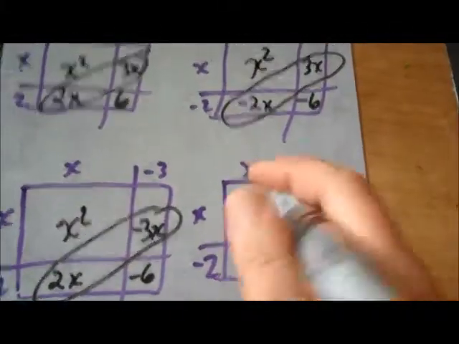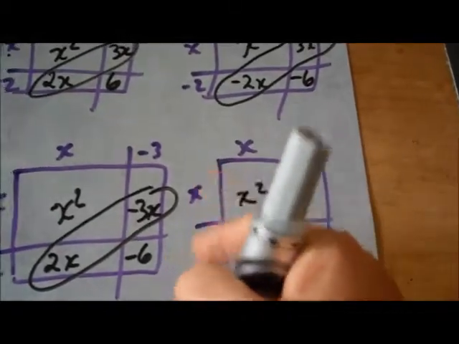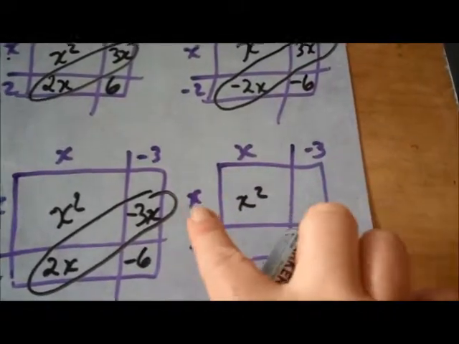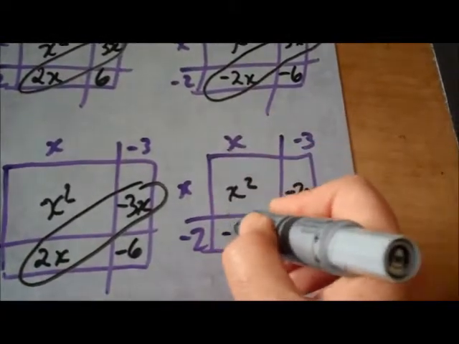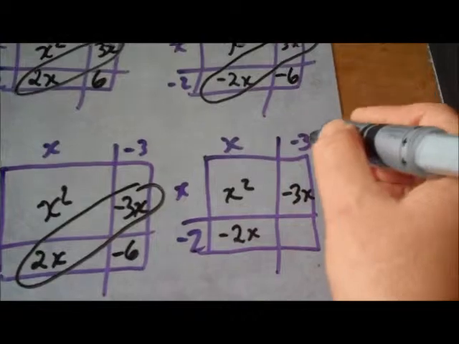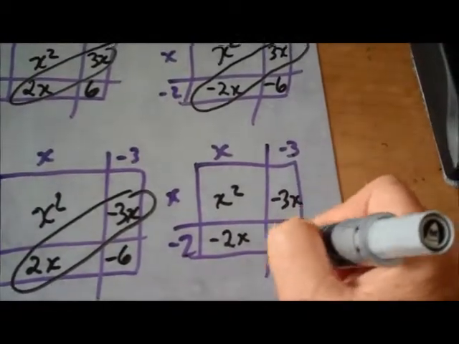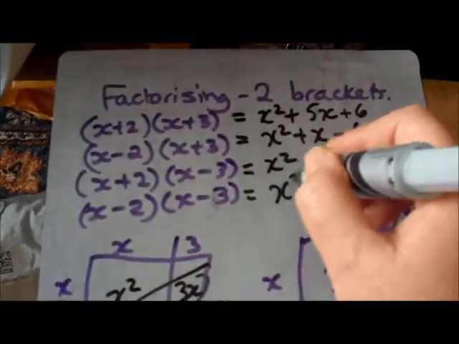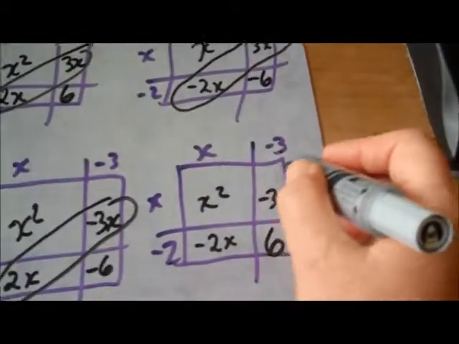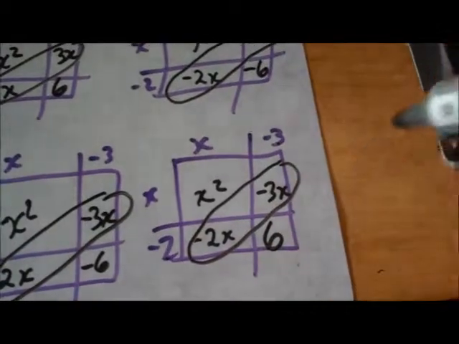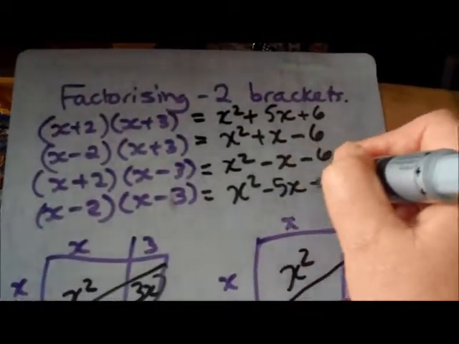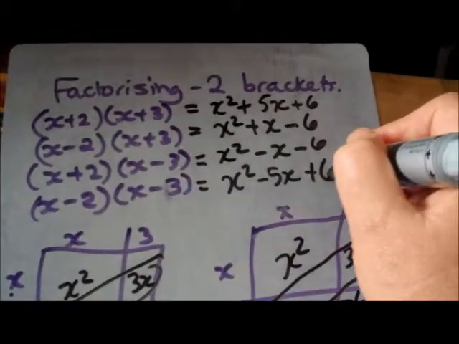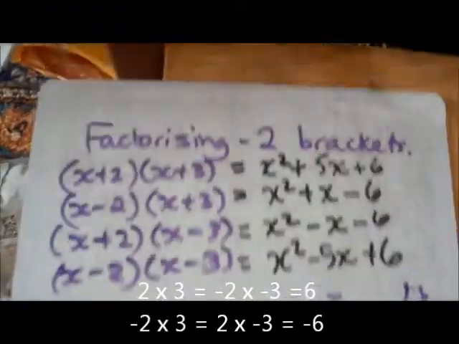The last one is x minus 2, x minus 3. X times x is x squared. X times minus 3 is minus 3x, minus 2 times x is minus 2x, minus 2 times minus 3 is plus 6. So x squared, minus 3x minus 2x is minus 5x, plus 6. So let's have a look at the pattern.